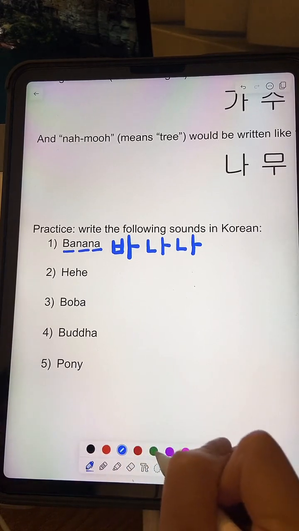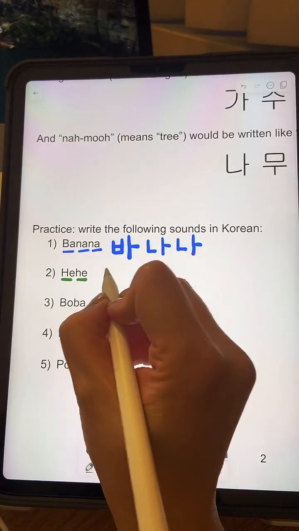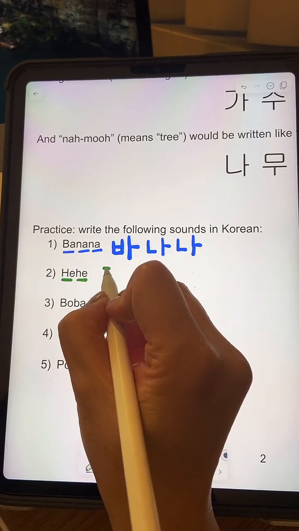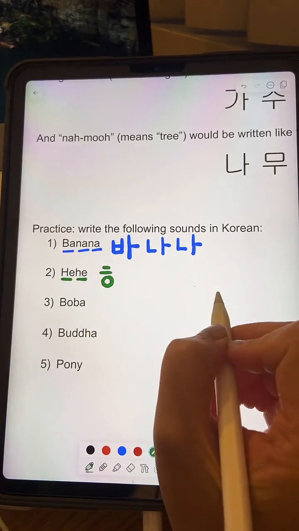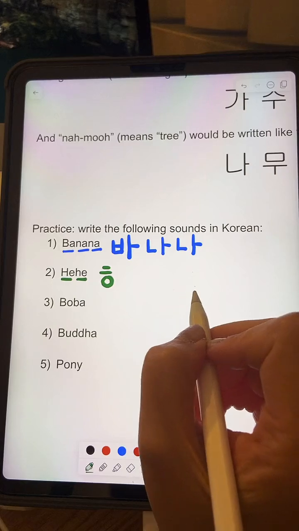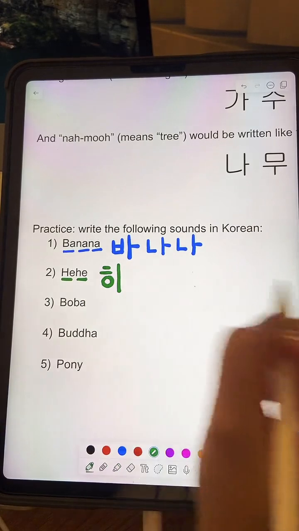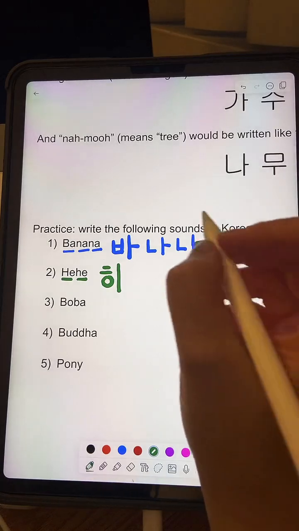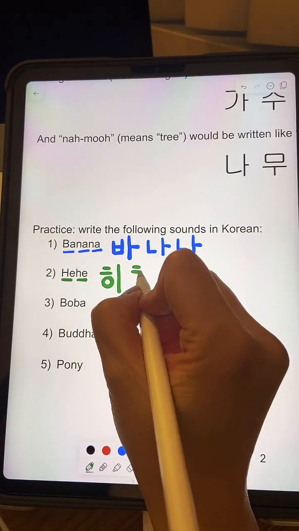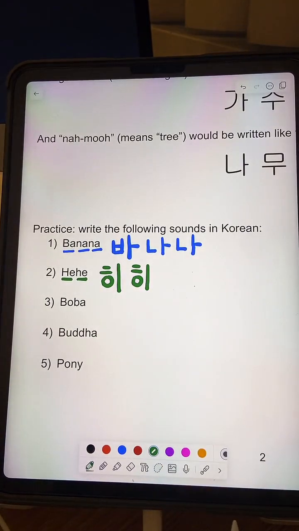Next word, how do you write he? We need the H sound. Hyut. We need E. Good. Easy vowel E. He. 입니다. Good.